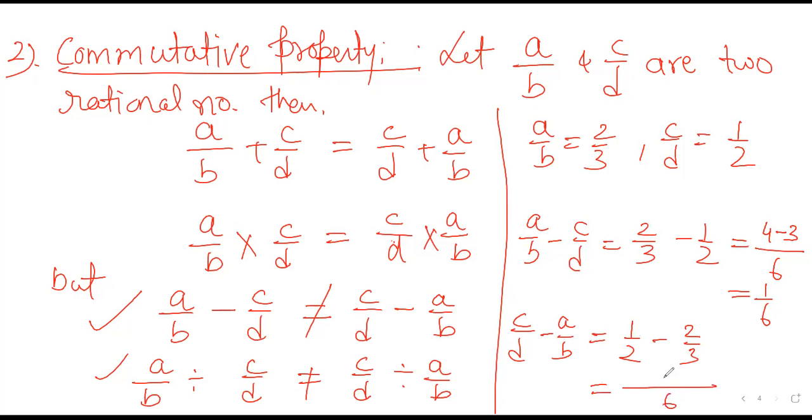So 6 will be the LCM, no problem. But here 3 twos are 6, and 2 threes are 6, so 3 minus 4. So it will give you minus 1 upon 6. Now look, 1 upon 6 and minus 1 upon 6 are not equal. So we can say that LHS is not equal to RHS, meaning left hand side is not equal to right hand side.